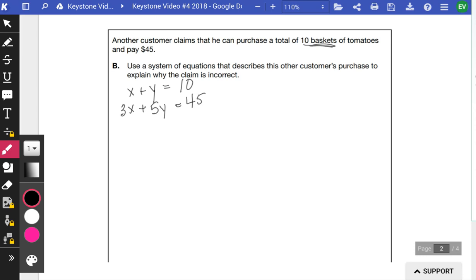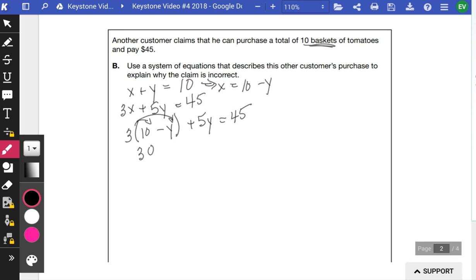If we use substitution again, we're going to change the first equation. X equals 10 minus y. Substitute that into the second equation. So 3 times 10 minus y plus 5y equals 45. We're going to distribute again.